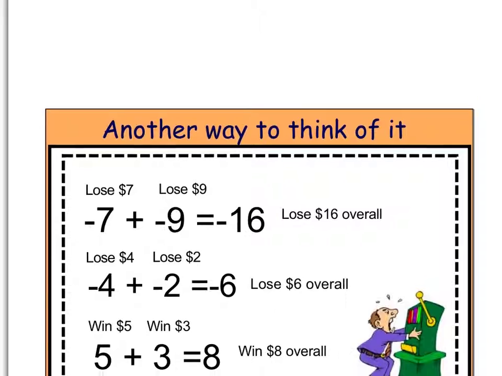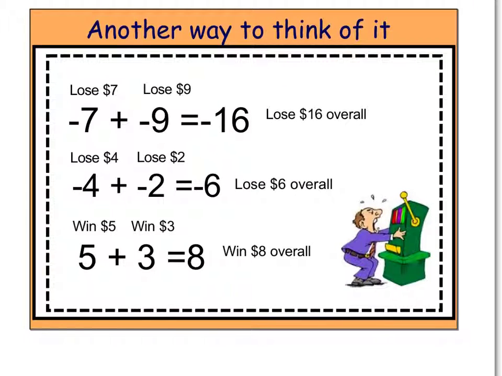Another way to think about this is in terms of money. So if I lost $7, that'd be -7, and then I lost 9 more, I would have lost $16 overall. If I were to lose $4 and then lose 2 more dollars, I should have lost 6 overall.